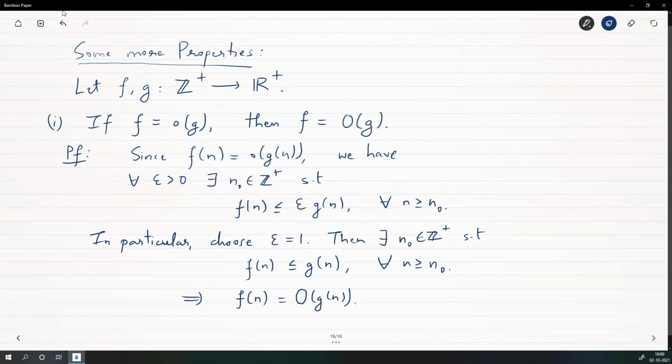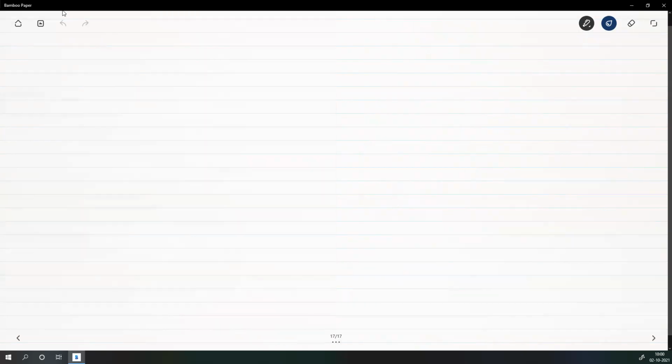So what is an analogous property? There should be an analogous property for omega as well. So the second property is if f is little omega of g, then as you expect, f is in fact big omega of g. Very similar proof.